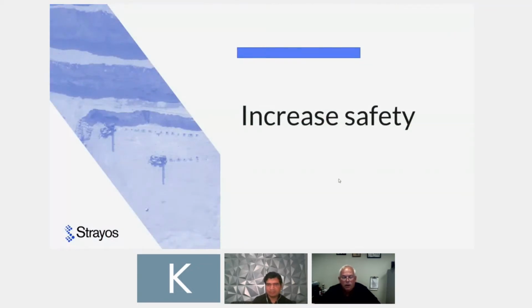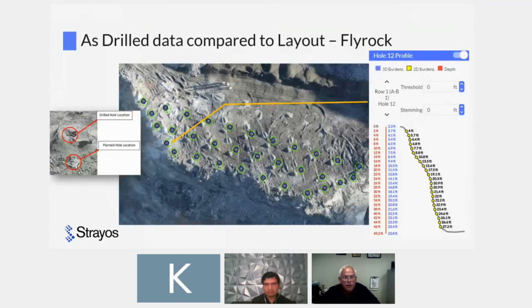Safety. I've alluded to this. Next slide. This does help you with safety. This is just an example. If you look off to the left, hole drill location versus plan hole location. As a driller, there's times that we have to move a hole that we cannot keep open, or there's an obstacle in the way, or there's a giant crack that we just shouldn't start drilling in. So we have to move the hole.